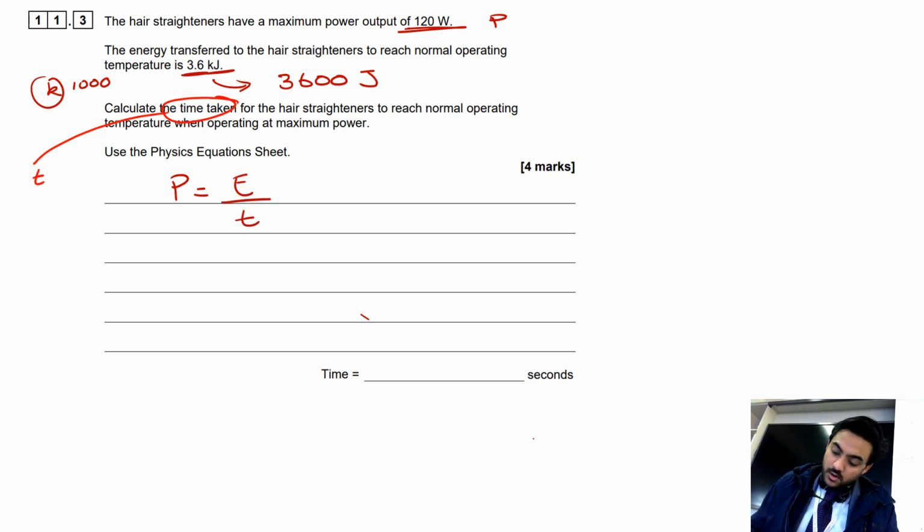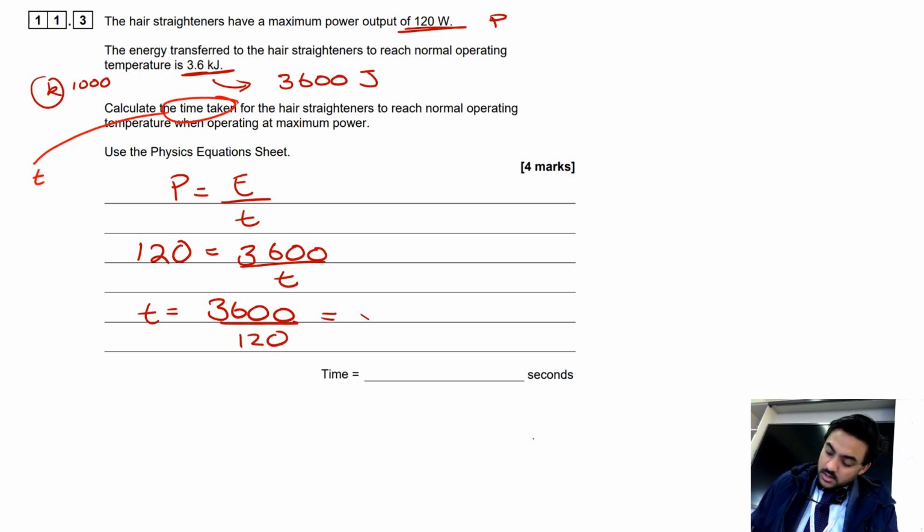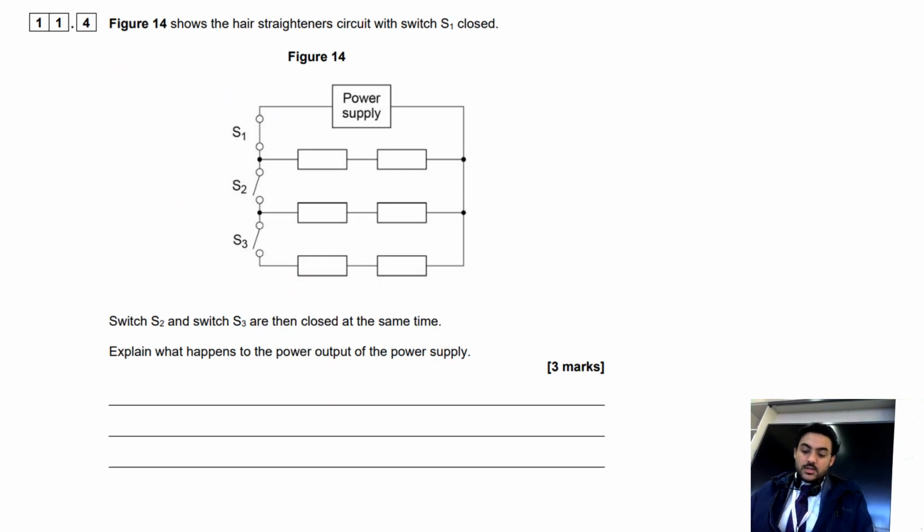We've got the power, 120. We've got the energy transferred, 3,600. We do not have the time taken. So to do that, t equals 3,600 divided by 120, which equals 30 seconds. That's it.